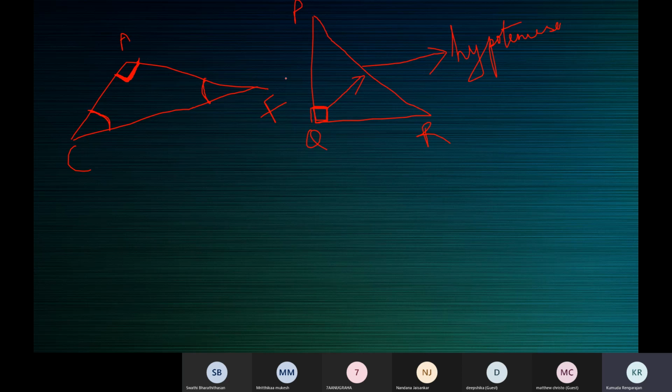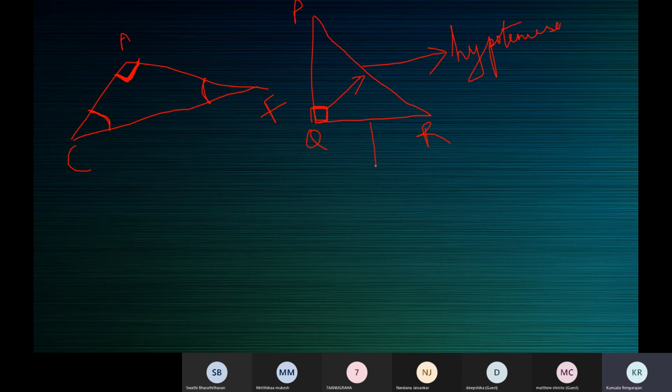What do you call the other two sides? In a right triangle, the longest side is called the hypotenuse. What about the other two sides? What are they called? Ma'am, the perpendicular is one of the sides which forms 90 degrees, and the base is the side at the bottom. Okay, correct.